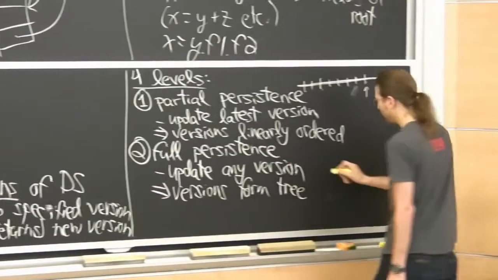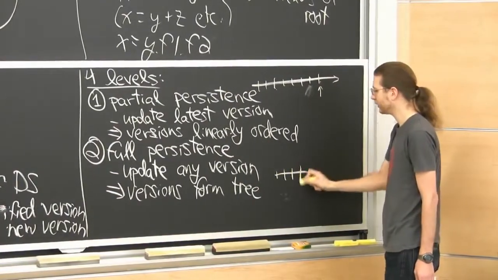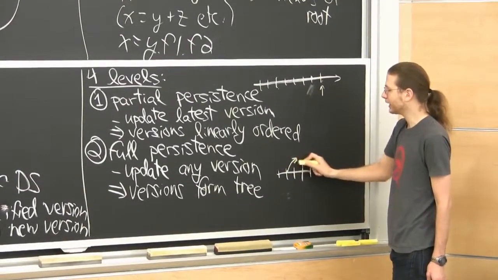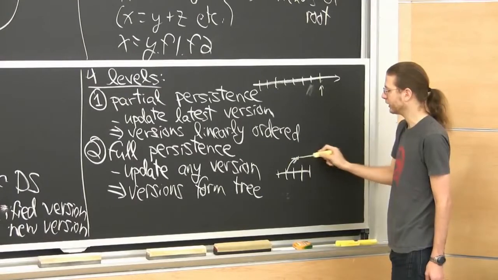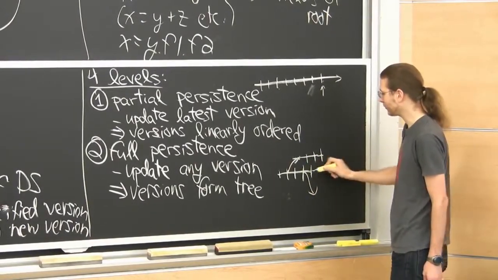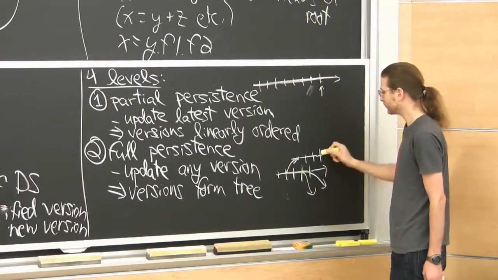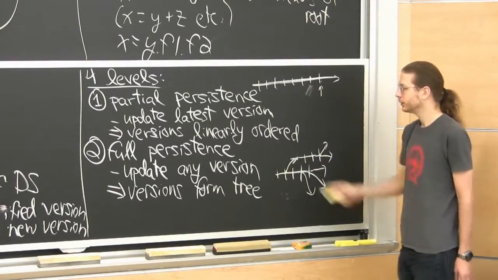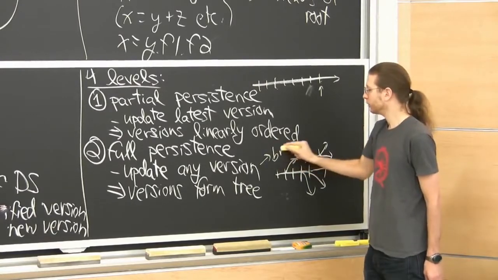In this model, maybe you initially have a nice line of versions, but now if I go back to this version and update it, I branch and get a new version here. And then I might keep modifying that version sometimes. Any of these can branch. So this is why I call it the branching universe model. When you update, you branch.